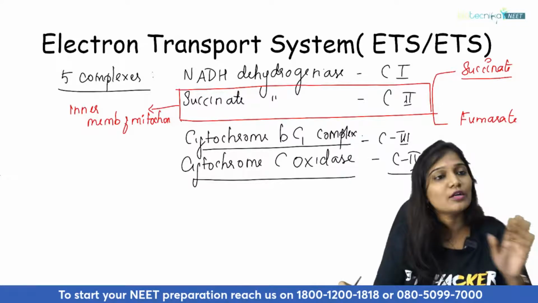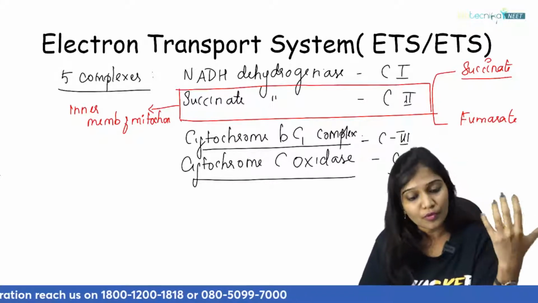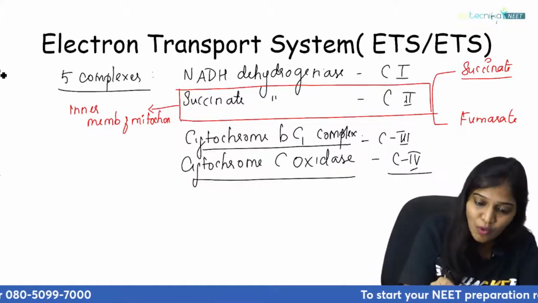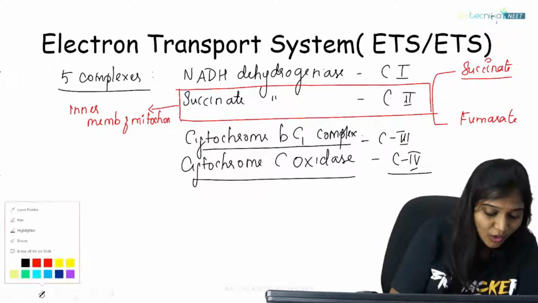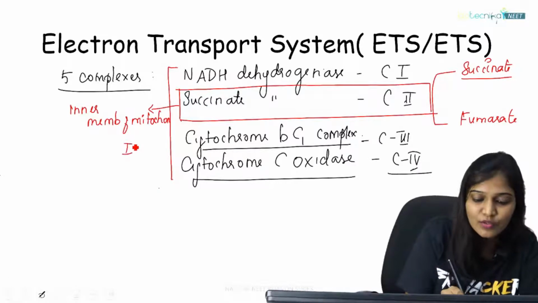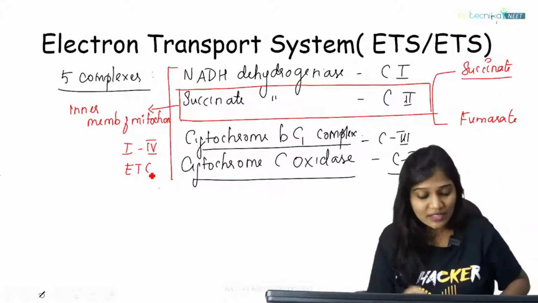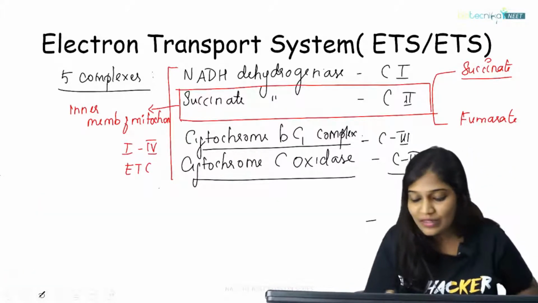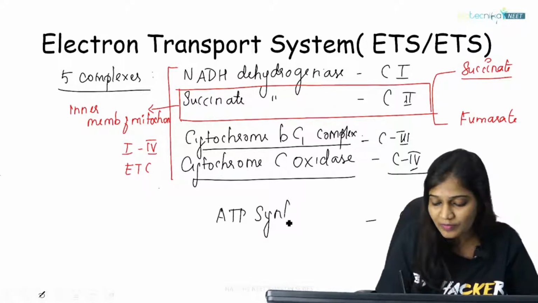These complexes are normal proteins because mitochondria has its own DNA which can produce proteins, and all of them are present in the inner membrane of the mitochondria. So all these 4 complexes, 1 to 4, are involved in the ETC. But the last one, complex number 5, is called ATP synthase.